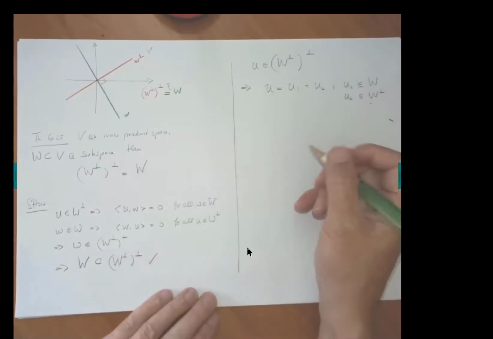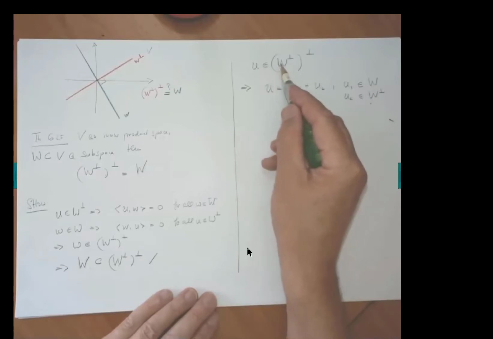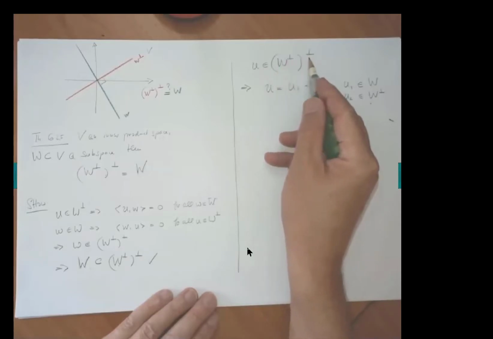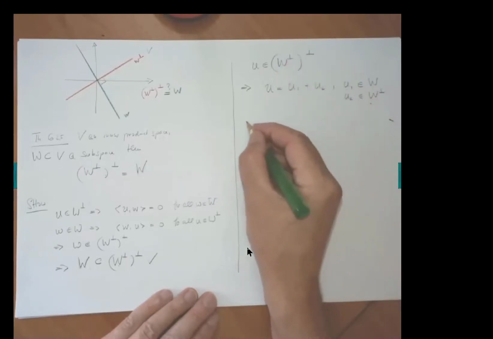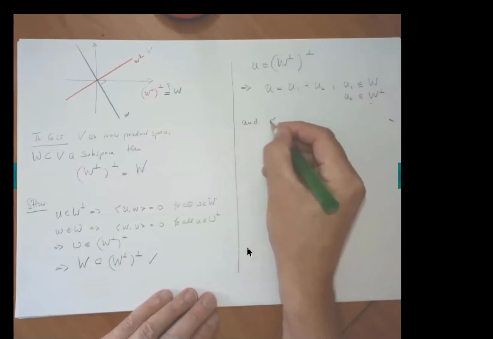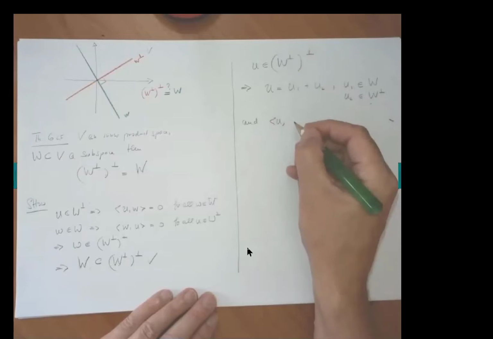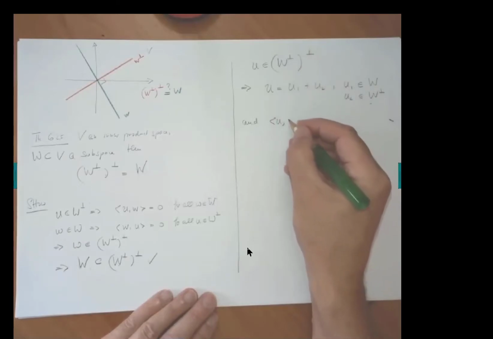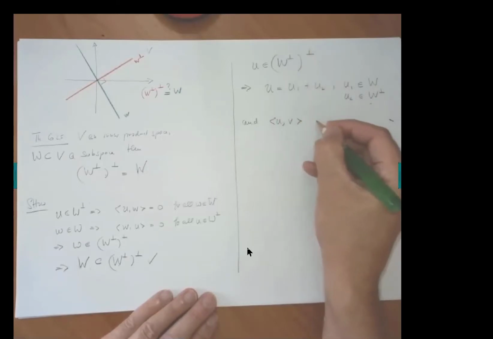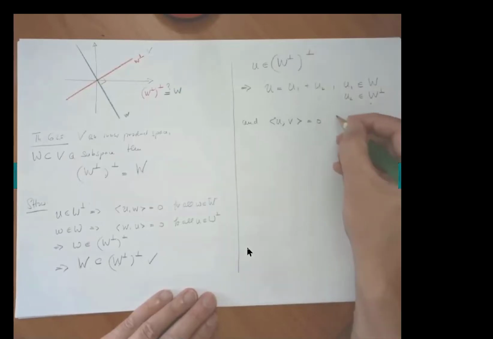And also because U is an element in W complement complement, we also know that if you multiply U by any element v in W complement, it is equal to 0 for all v in W complement.